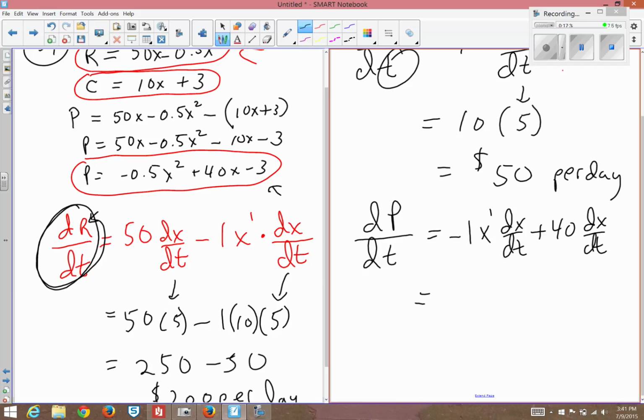So we're going to find the rate of change of the profit with respect to time when x is 10, that's given, and dx/dt is 5.